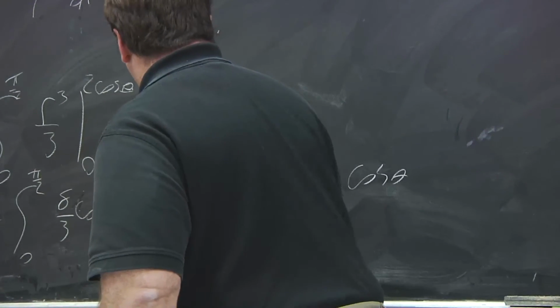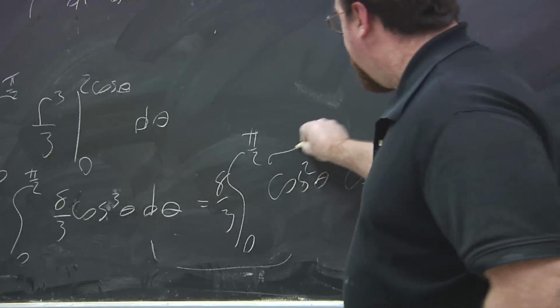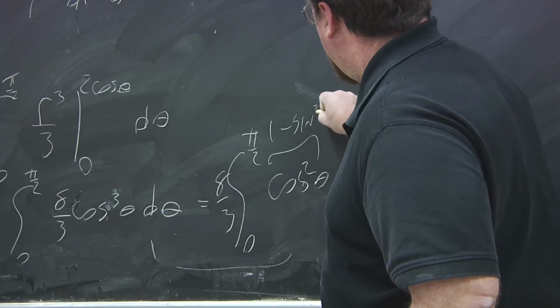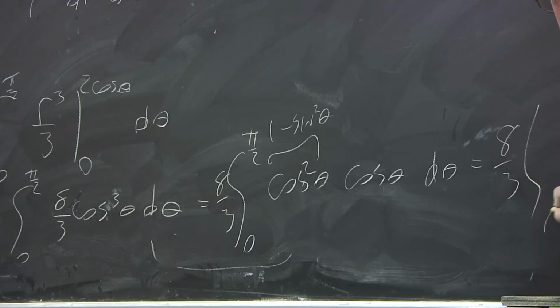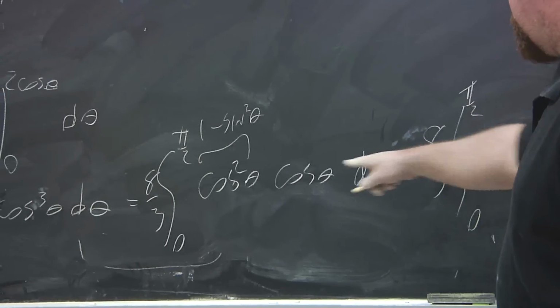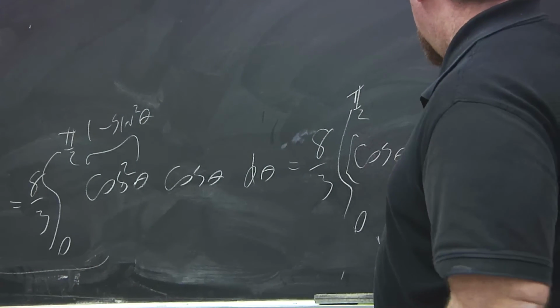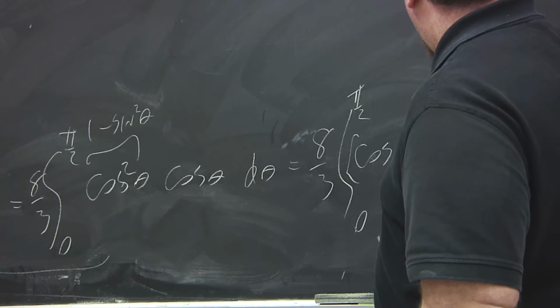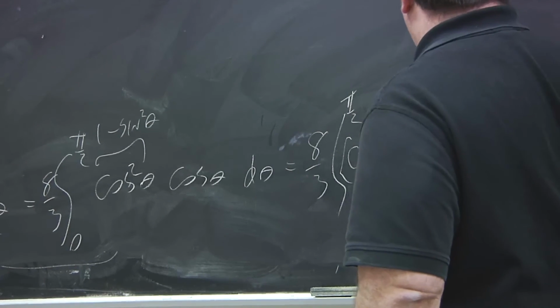I'll pull out the 8/3. So here we have the cosine. We rewrite the rest as 1 minus sine squared theta. So now we have cosine theta, which is no problem, minus sine squared theta cosine theta, d theta.